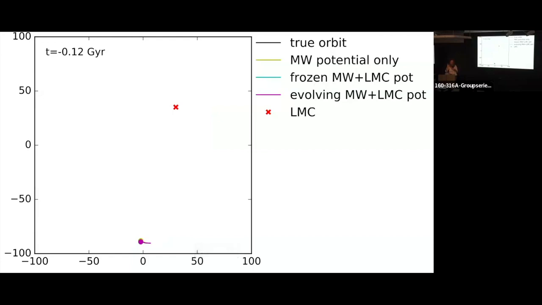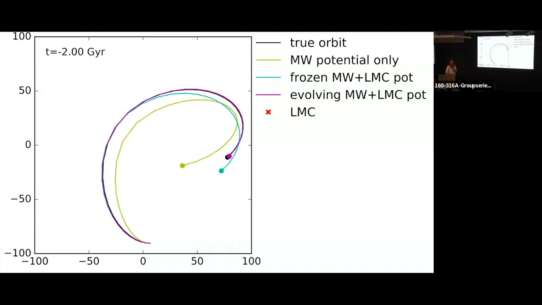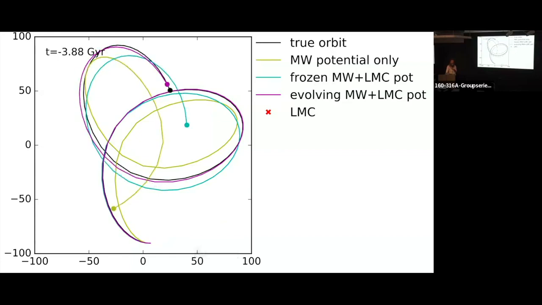And then there is the true orbit, which in this case comes from the N-body simulation. As we do it for several gigayears into the past, you can see that the rigid Milky Way actually doesn't do a good job at all. Sorry, the no-LMC case makes a very different orbit. But even the difference between rigid and deforming potentials starts to be quite important at the level of precision that we want to care about.